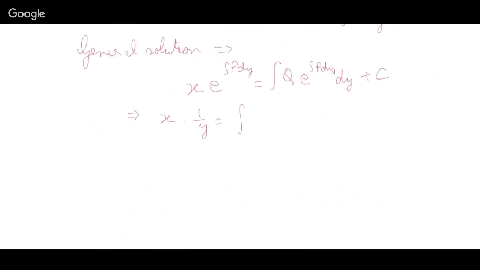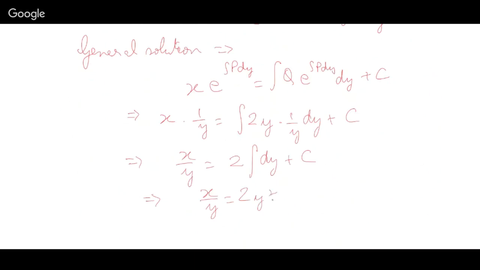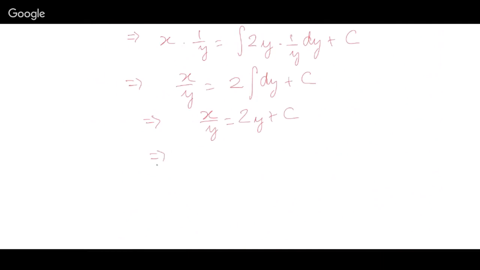So replacing q over here, we get integration of 2y into 1 by y dy plus c. Now further solving it, we get x by y is equal to 2 integral of dy plus c, which can be further written as x by y is equal to 2y plus c. Now taking all the y variables on one side, we get x is equal to 2y square plus cy.